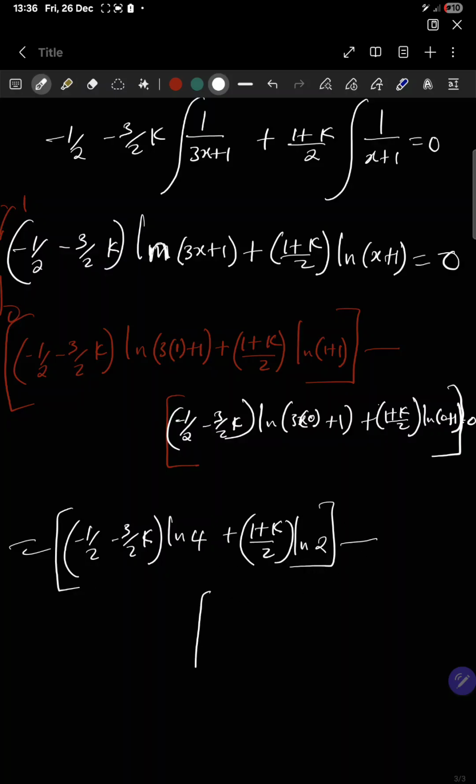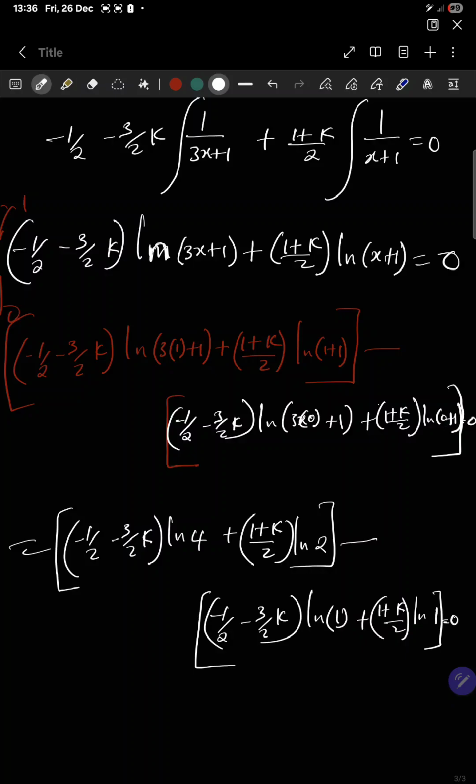Minus the second bracket, we have negative 1 over 2 minus 3 over 2k, then natural log of 3 times 0 is 0, plus 1 is natural log of 1. Then plus 1 plus k over 2, and then we have natural log of 0 plus 1, which is 1, and equate this to 0.